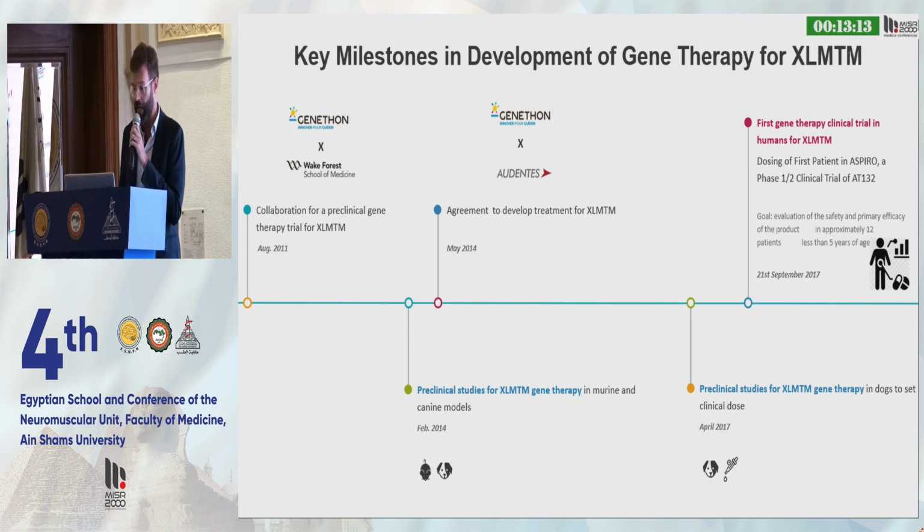This went very well. The dogs were dosed. They did very well because the muscular function was restored. And the first gene therapy clinical trial in humans for X-linked myotubular myopathy started in 2017.